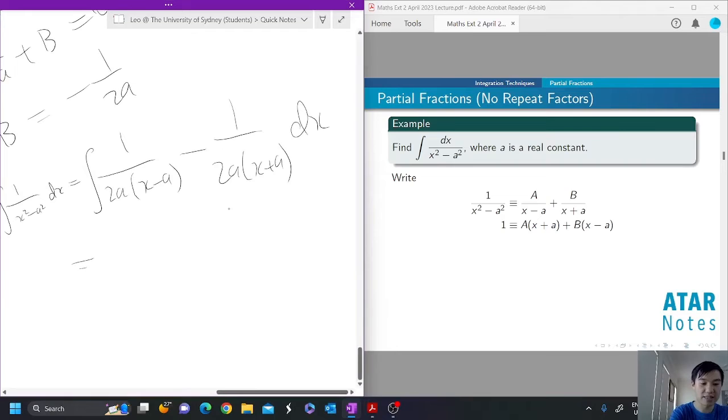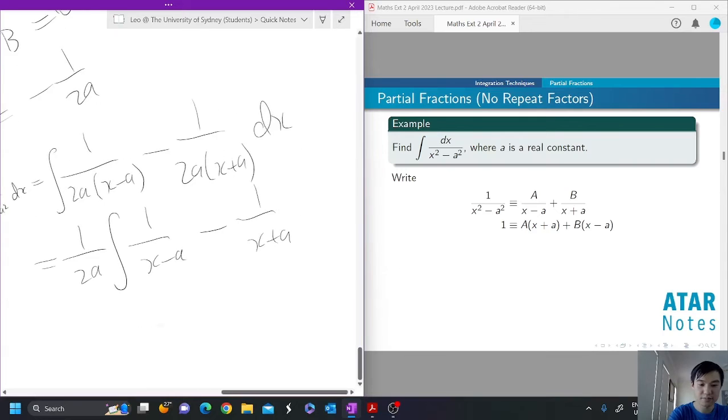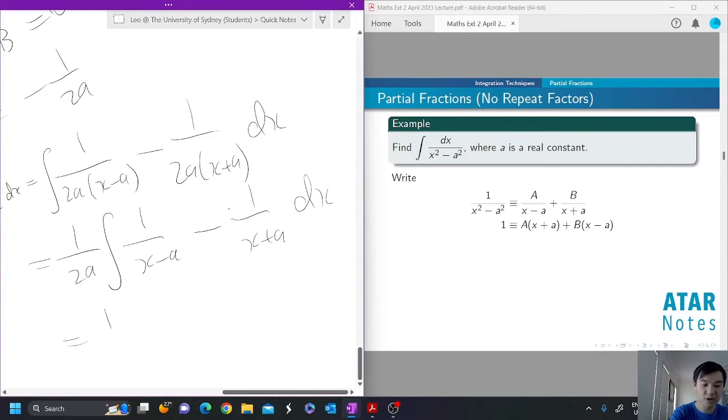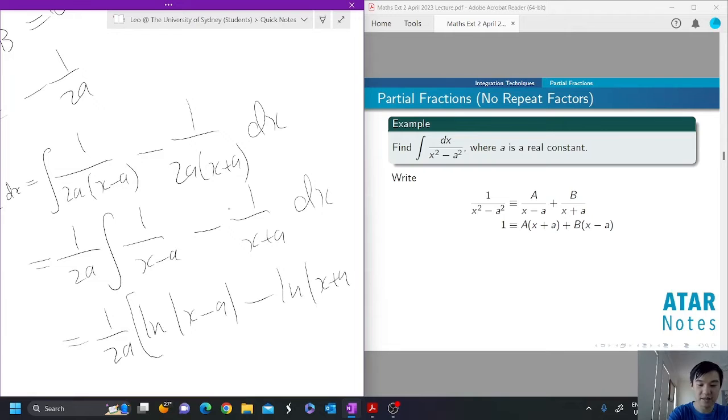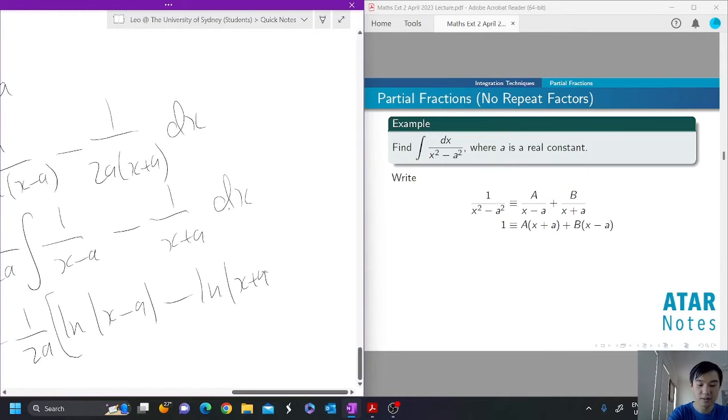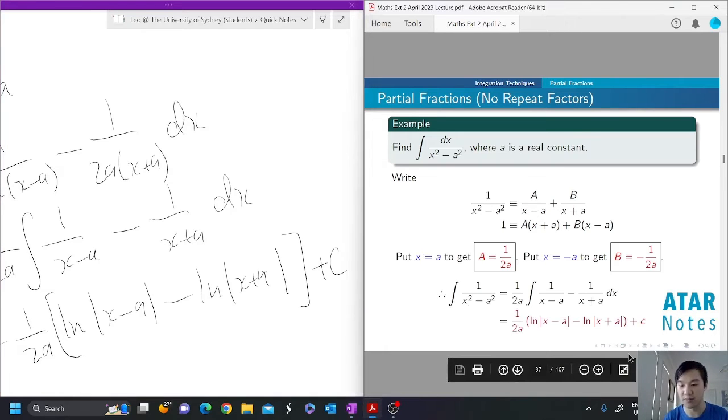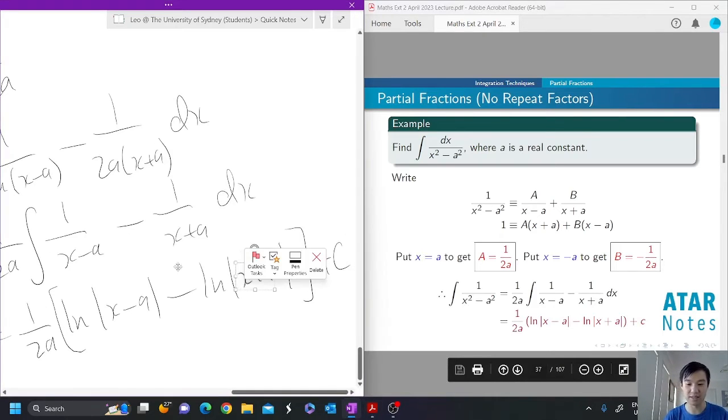So this actually works out, if I factorize out a 1 over 2a, it'll be the integral of 1 over x minus a, minus 1 over x plus a, which is actually going to be 1 over 2a times ln absolute value of x minus a, minus ln absolute value of x plus a, like that, plus c, which is what we got here.